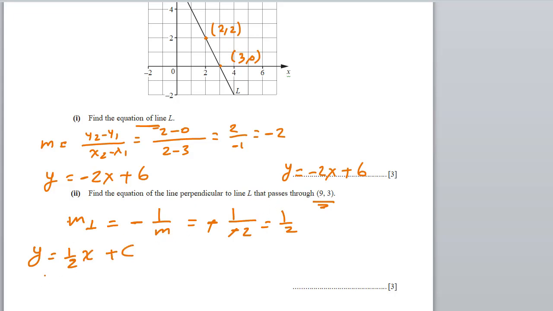We have now 3 equals half of 9 plus c. So 4.5, so c equal to minus 1.5. So the equation is y equal to half x minus 1.5.